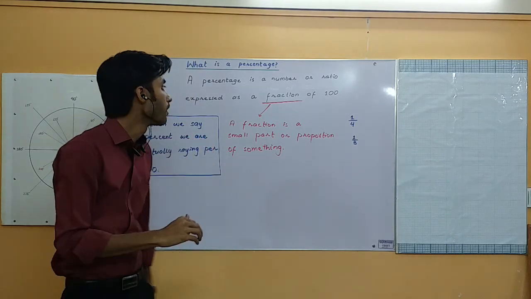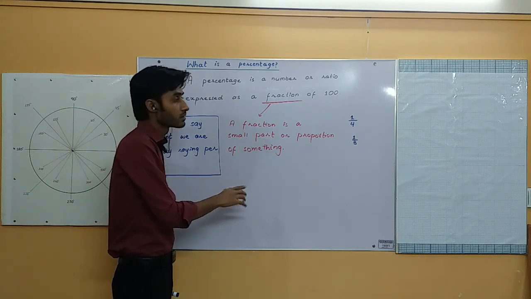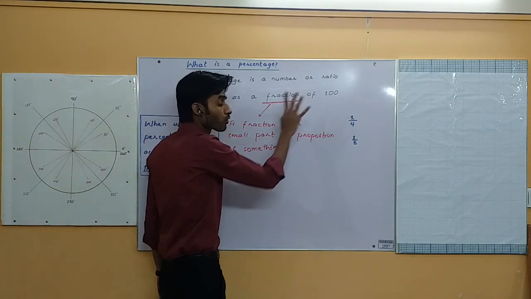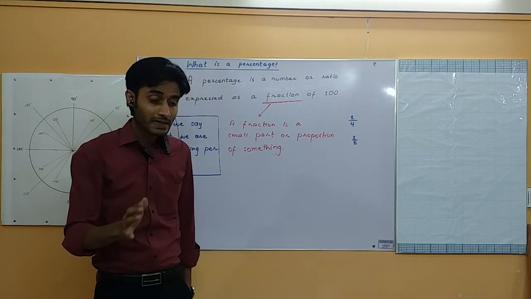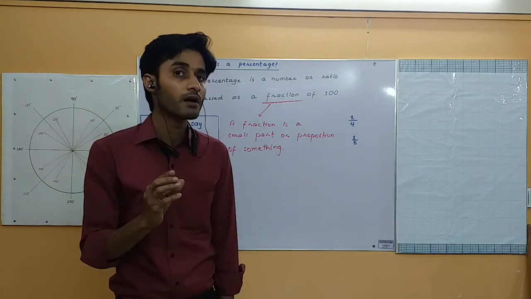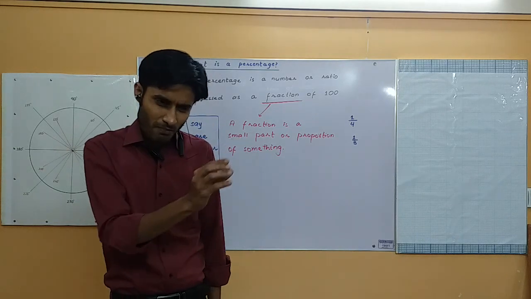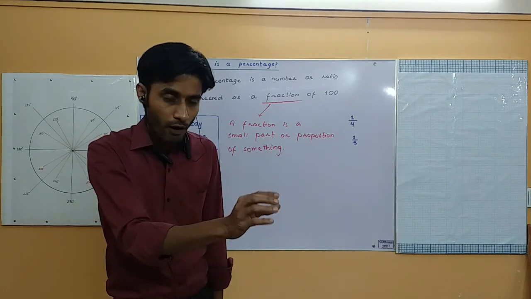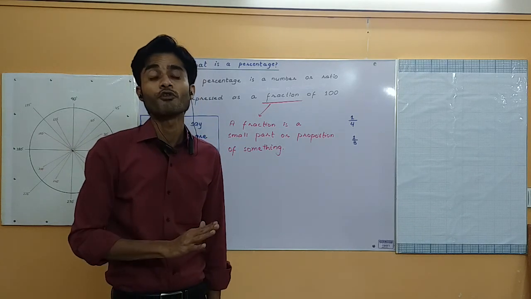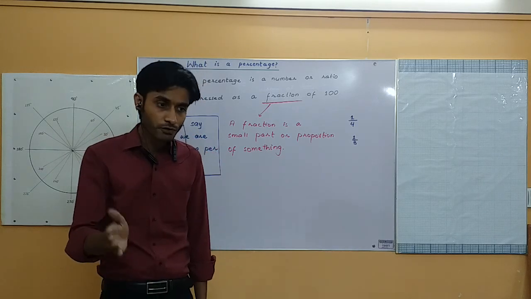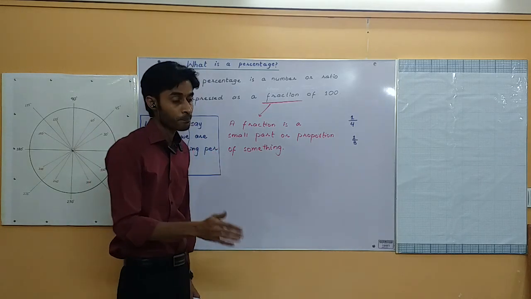It's a fraction out of 100. A fraction taken out of 100. When I take any part of something out of 100 parts, I form percentages. That is where percentage comes into being.